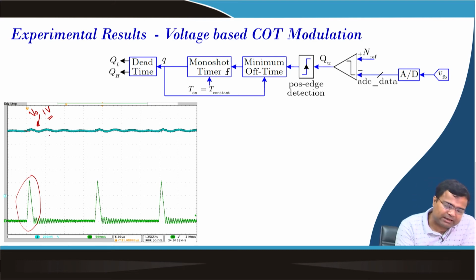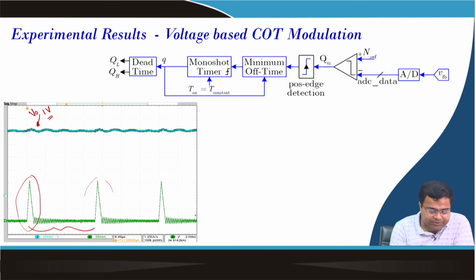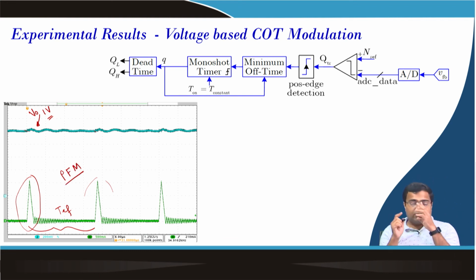Then the voltage goes above and the voltage remain above, again it comes below, then again on time is triggered. So, this is your time period, which is the effective time period, and it is called pulse frequency modulation, because constant on time is a pulse frequency where the frequency varies with the operating condition, PFM.